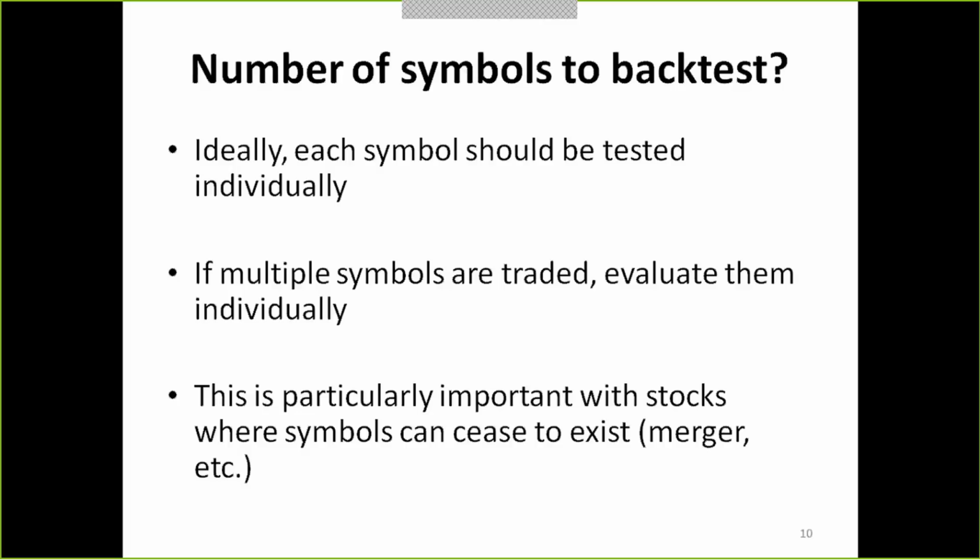Sometimes if you go back and try to do a 5 or 6 year test, you may start out with the NASDAQ 100 or the S&P 500 individual symbols, particularly if you're doing some type of automated testing, and find that some of those symbols disappear over time. Maybe 2 years ago, a symbol disappeared because the company got acquired, or perhaps it went bankrupt. So it is good to test them individually. A lot of us are trading things like the RUT or the SPX or the NDX, and if you're doing that versus stocks, then it's not so much work to test them separately.